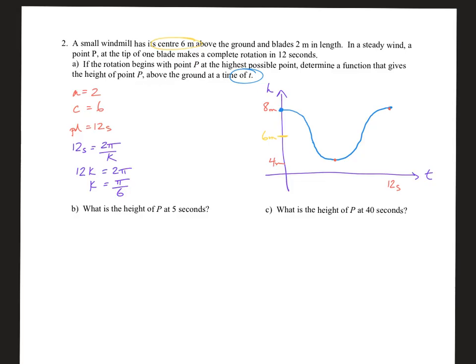Okay, that means that I can now build the equation of the function. Just notice what your variables are. They're not going to be y and x. We're going to deal with h and t. So the height of point P on that graph is going to equal an amplitude of 2.